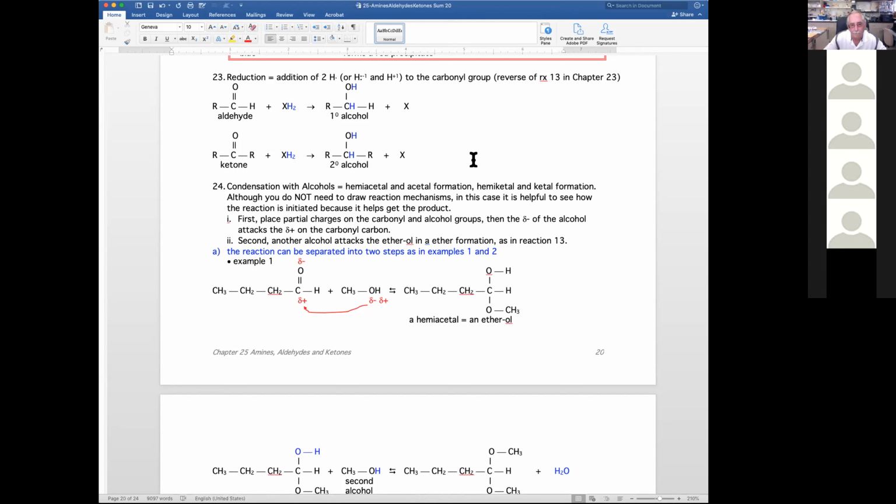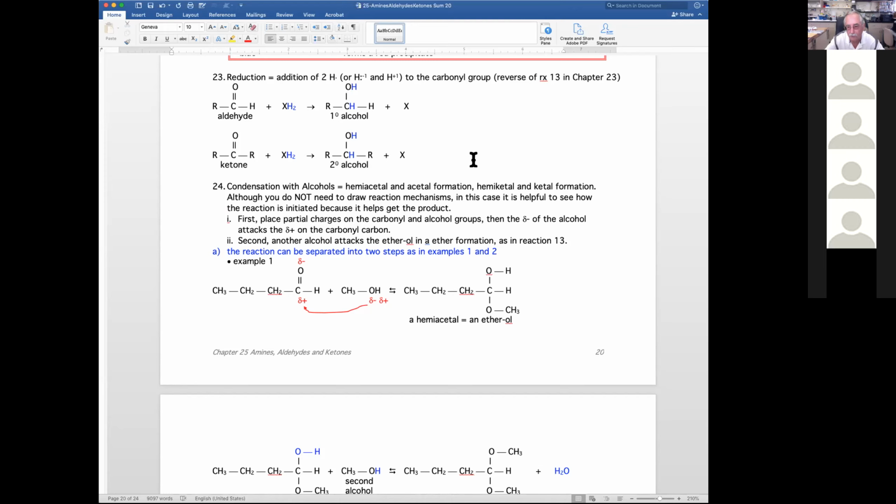So we've seen some condensation reactions before. And I remember as an undergraduate being confused. To me, a condensation reaction is, oh, you see water condensing somewhere. But in organic chemistry, it means that two organic molecules are condensing, are becoming one.